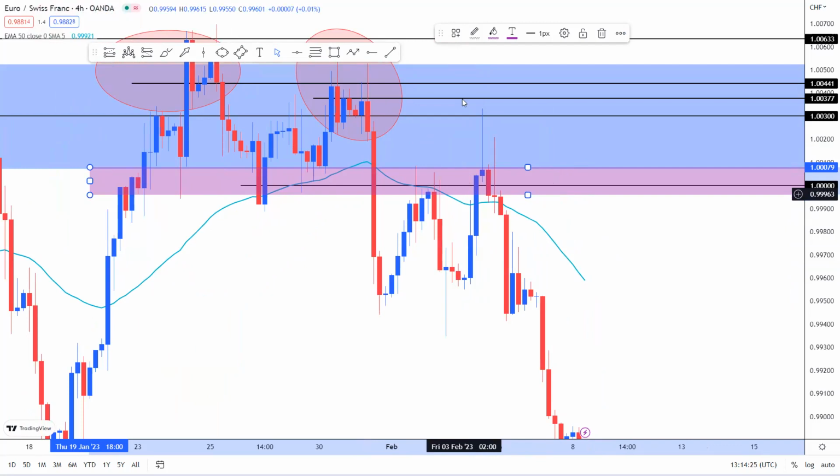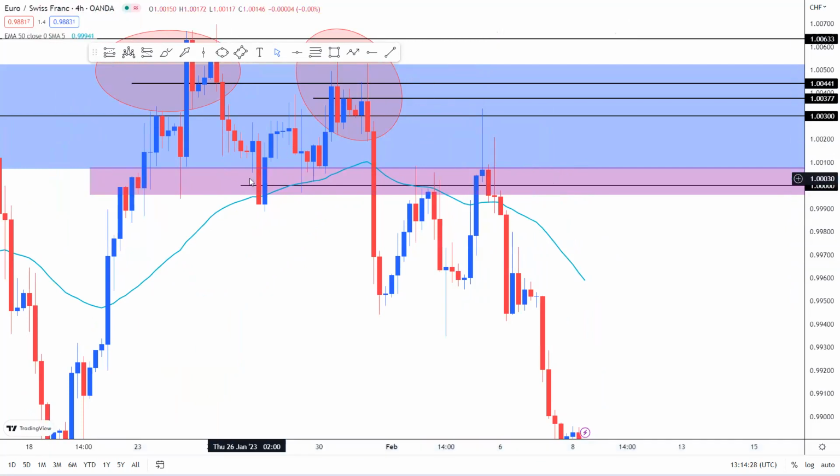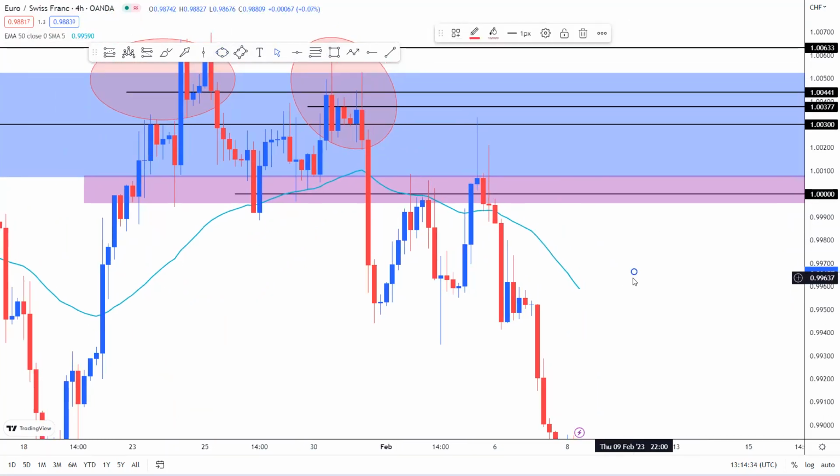And then we had ourselves a 4-hourly double top. So this was the first time we came back to retest the neckline of the previous daily double top, being a market structure from the 4-hourly time frame.